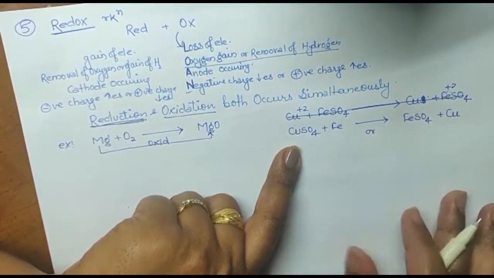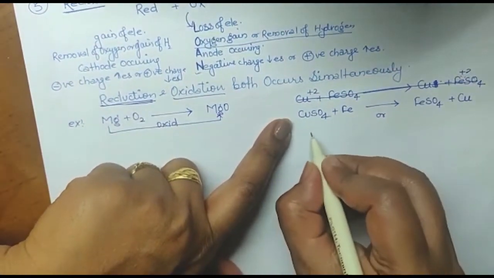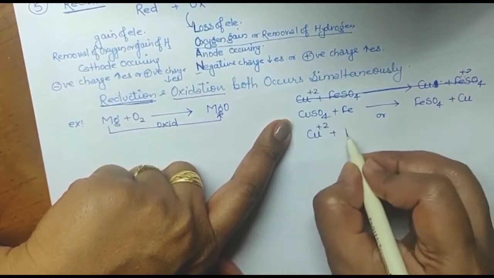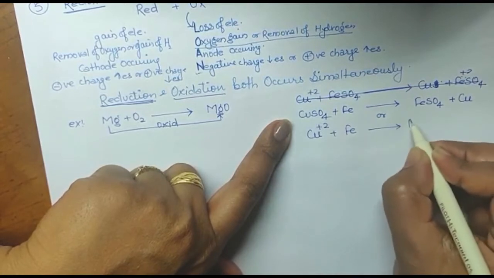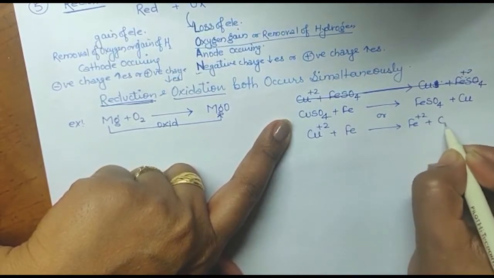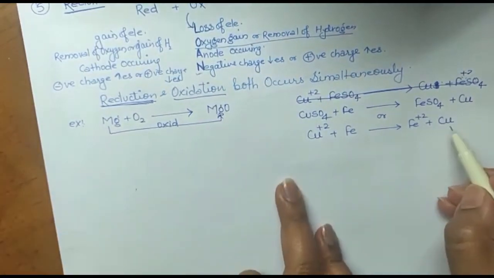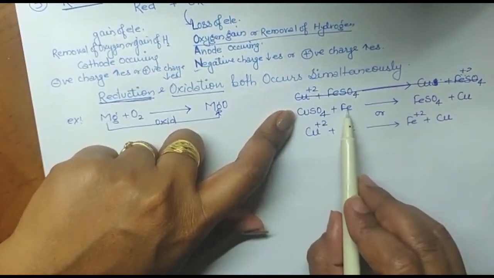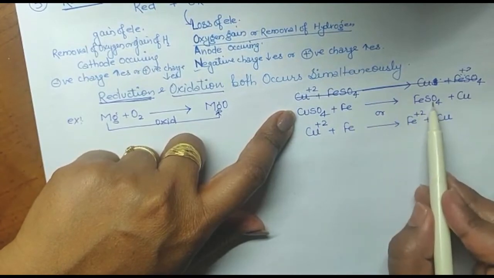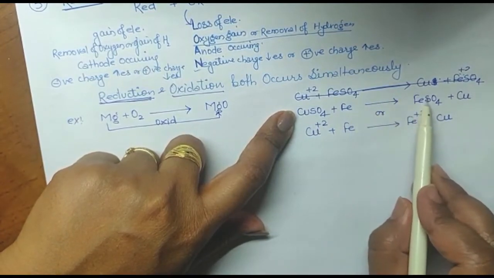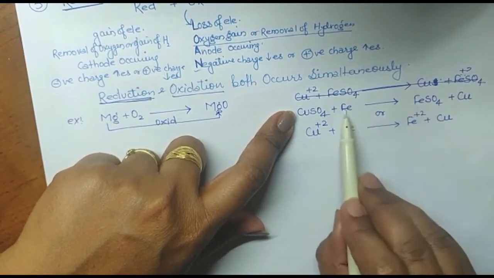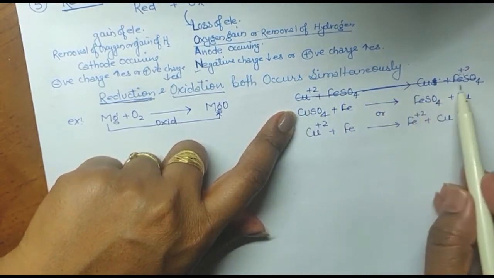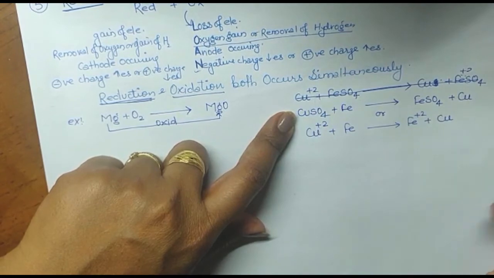Or this reaction can also be written as Cu2+ plus Fe changes into Fe2+ plus Cu. Suppose this equation I am giving. In this equation you can say that Fe is alone here and oxygen is going to be attached, so this is undergoing oxidation. And here oxygen is there, and in the product there is no oxygen, so you can say reduction.